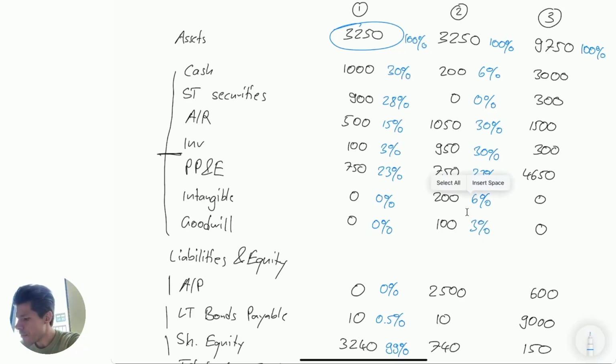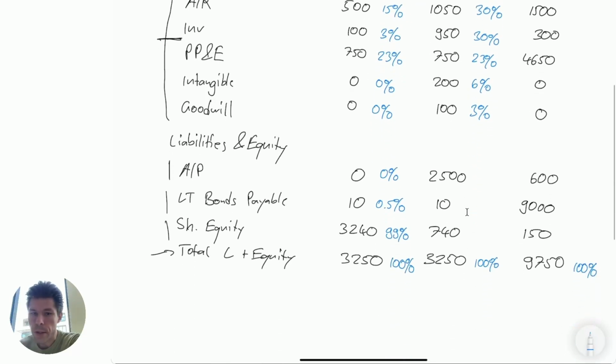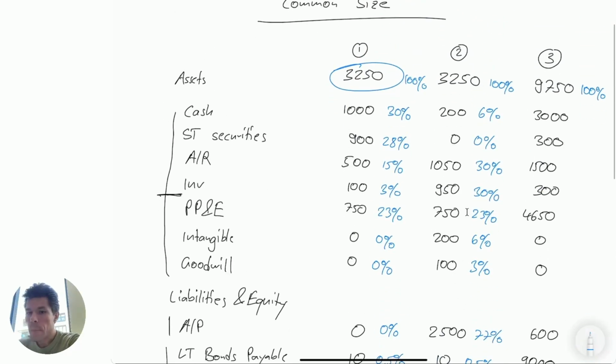I will explain in another video what each item actually means so that you get a sense of what we mean by goodwill, intangible assets, PP&E, and so on. Accounts payable, again, 77%, 0.5%. And then here, shareholders' equity around 22%. Again, some rounding errors.